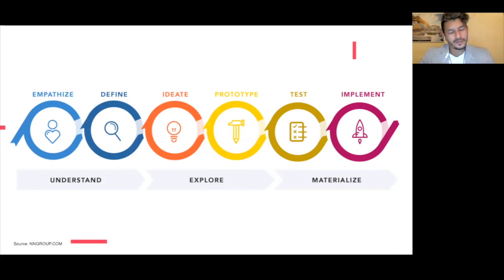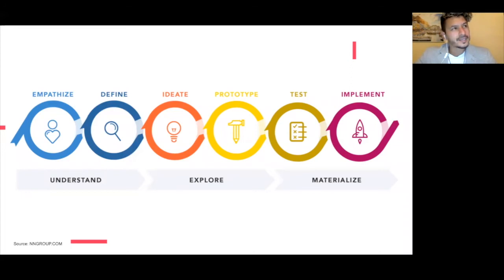So the standard one, the Stanford University one, is the most common, with different phases, but there are other bodies that have built processes on how to implement design thinking. For example, the Design Council in the United Kingdom, which also has a pretty cool process.